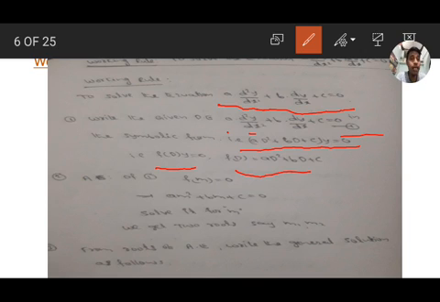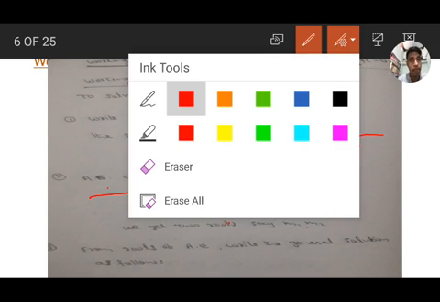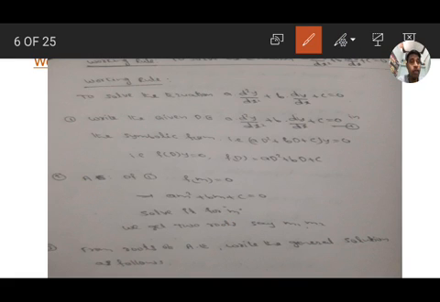Next, the second step: the auxiliary equation of equation 1. What is the auxiliary equation? f(m) = 0, that is am² + bm + c = 0, and solve it for m. It is a quadratic equation in m, so we get 2 roots, say m1, m2.